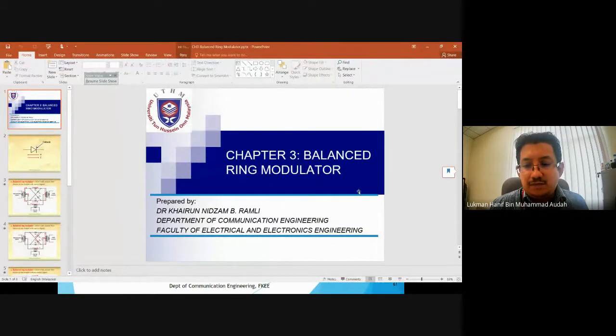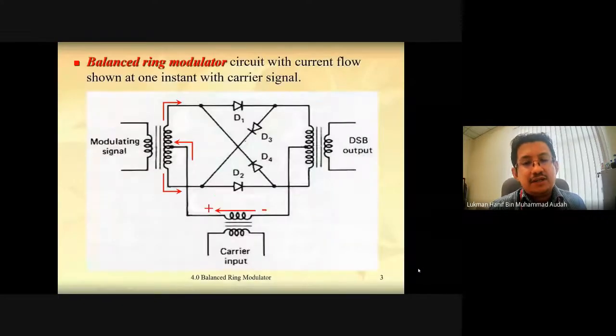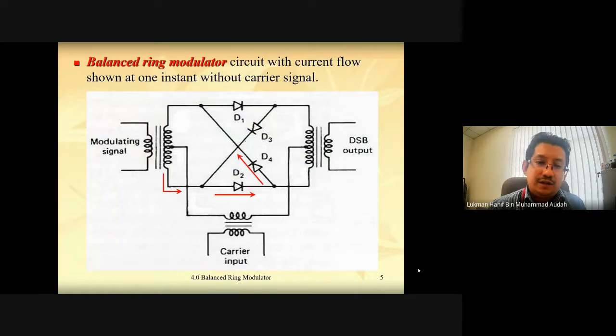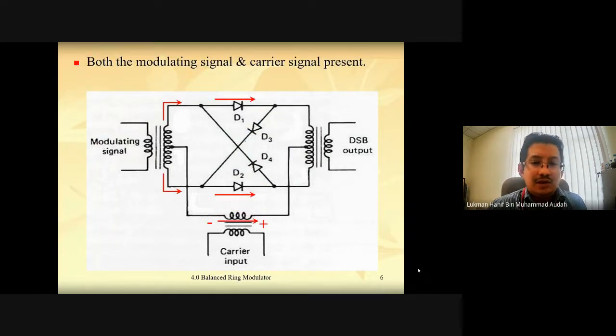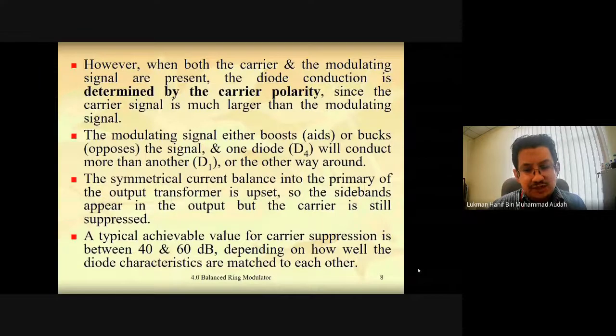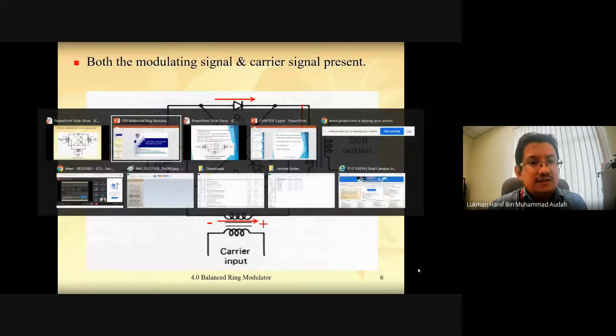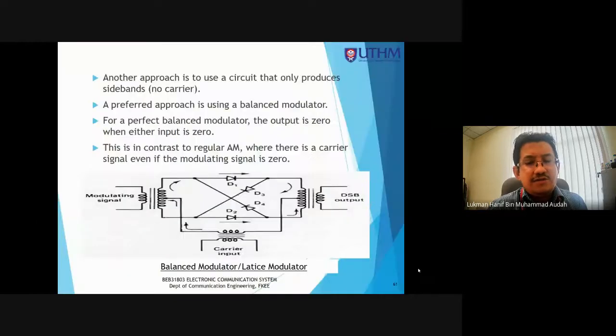Dalam slide balance ring modulator ini ada diterangkan macam mana circuit itu berfungsi one by one. So dia ada graphical macam ni lah. Kalau you baca sendiri, kalau you tak baca buku, sukar untuk faham. So macam mana nak fahamkan circuit ini, saya akan jelaskan how can we understand this circuit.